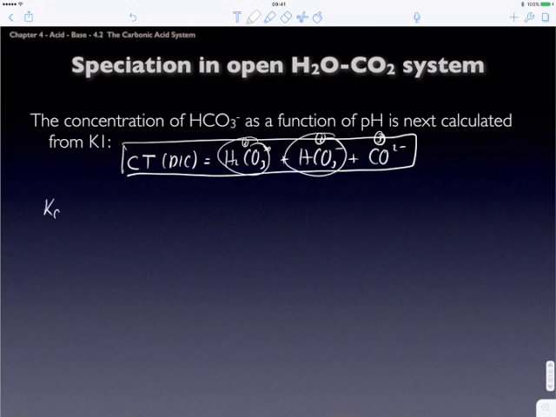We take the second equilibrium constant, or acid dissociation constant, for carbonic acid, which is going to be HCO3 minus times the concentration of H plus divided by the concentration of the carbonic acid.